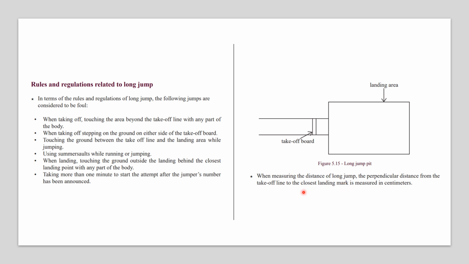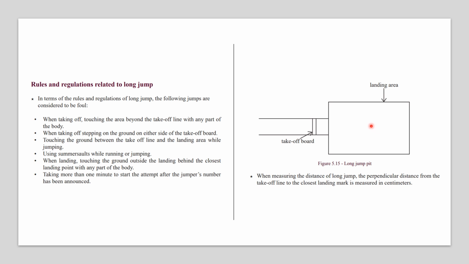And then when measuring the distance of the long jump, what they measure is the perpendicular distance from the takeoff line to the closest landing mark. We have to remember that it's the perpendicular distance and also the closest landing mark, because we know once the jumper lands in the landing area, he will be pushed forward.